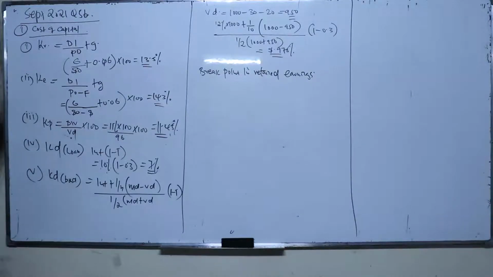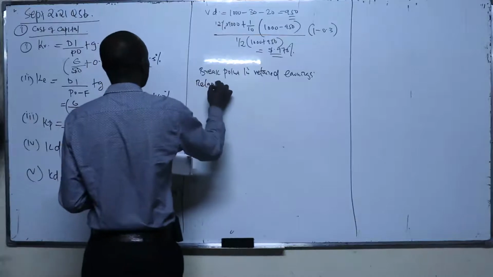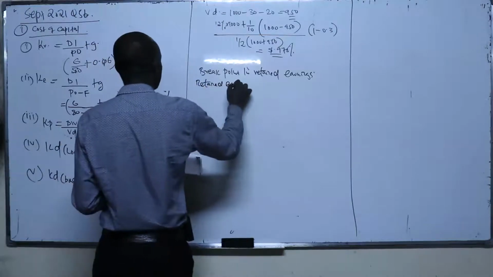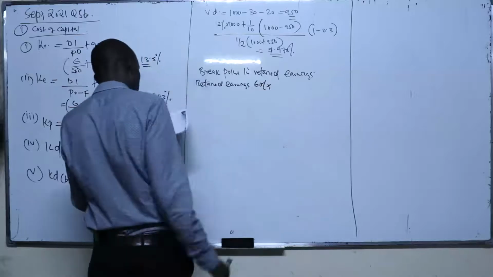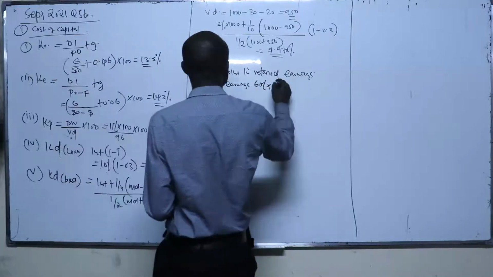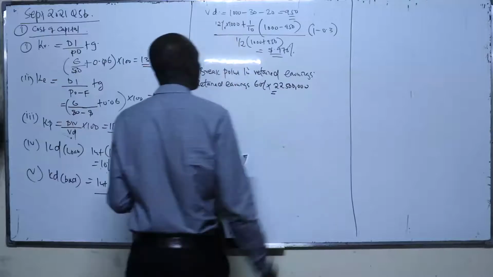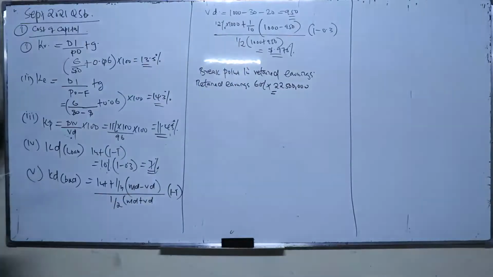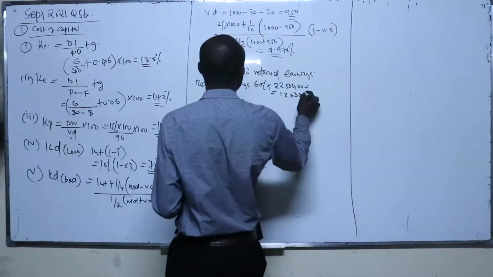They're going to retain how much? 60%. So retained earnings is going to be 60% of 22,500,000. How much is that? 13,500,000. That is the break point.